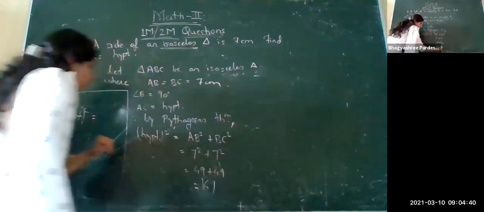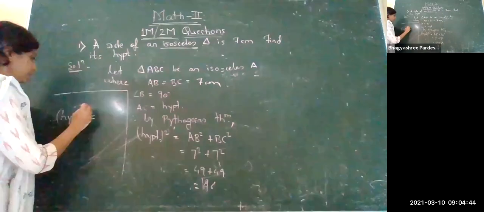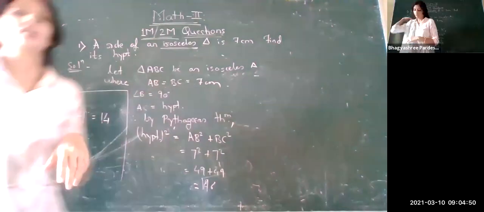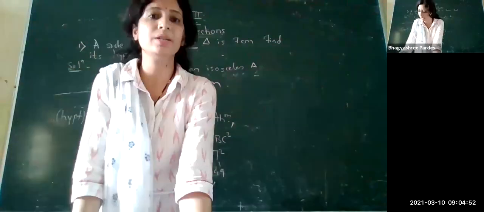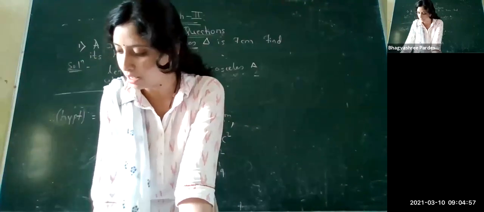Therefore our hypotenuse square is equal to 196, so the hypotenuse is equal to 14. Okay, so in this way, simply we have to solve this one: use the Pythagoras theorem and solve that.